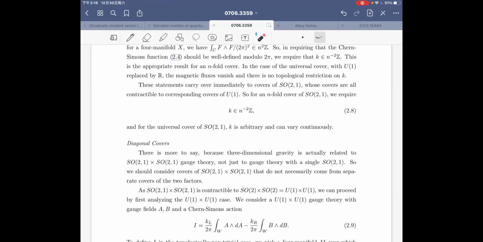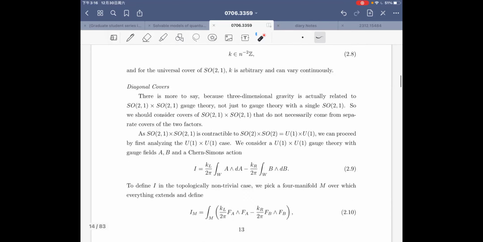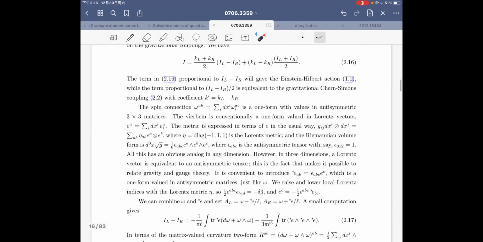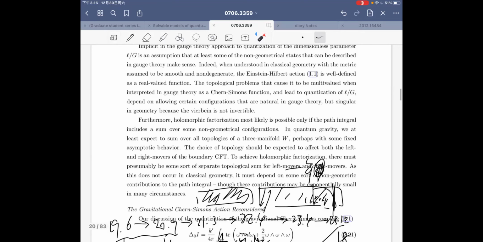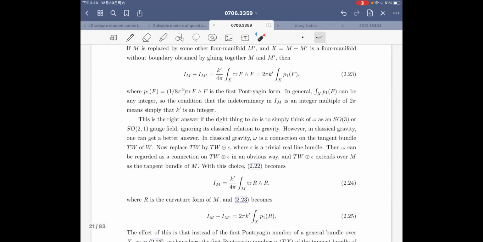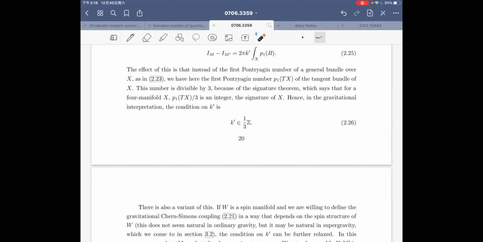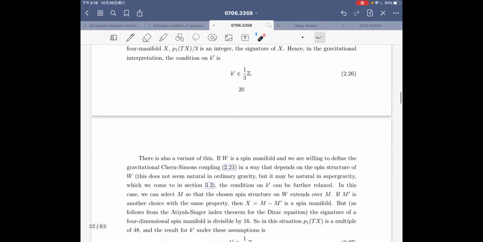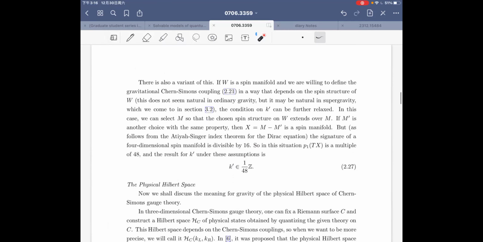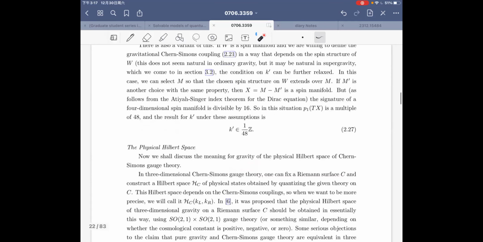However, the other analysis involves taking the tangent bundle TW and attaching a simple line bundle to it, leading to the results in this equation. But it's quite non-trivial. And if W is a spin manifold, we have this equation. Here I don't know the meaning of a spin manifold. Anyway, I think maybe it's not so important.